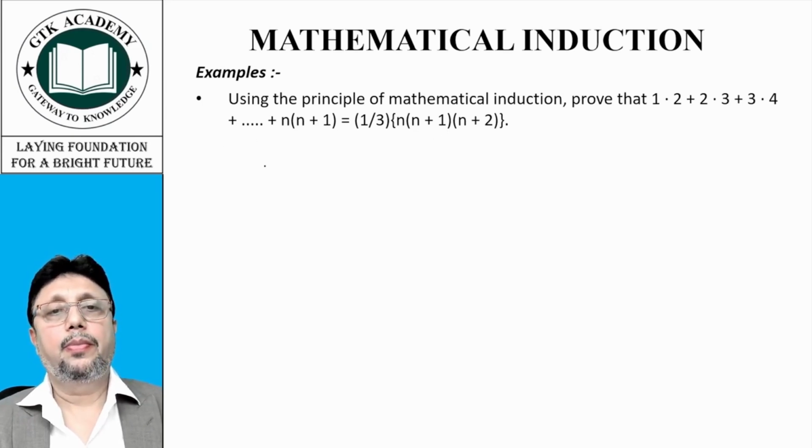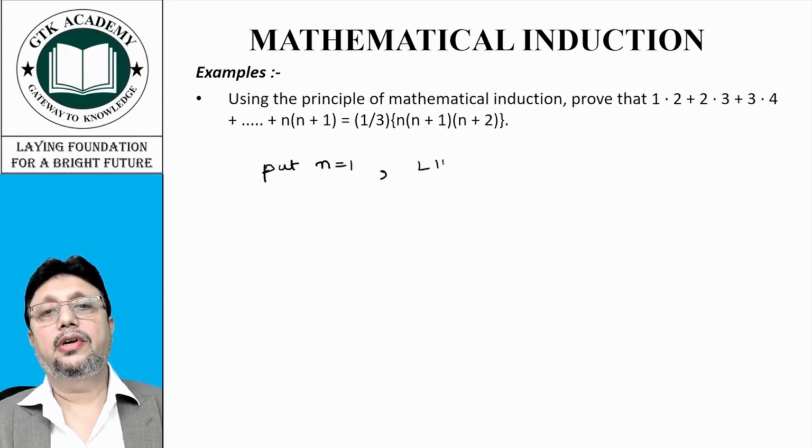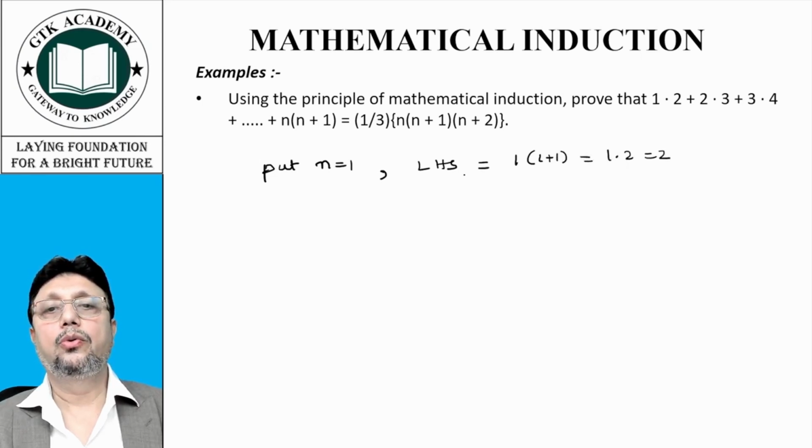Base step. Put n is equal to 1. Left hand side will have only one term, 1 into 1 plus 1, which is equal to 1 into 2 is equal to 2.